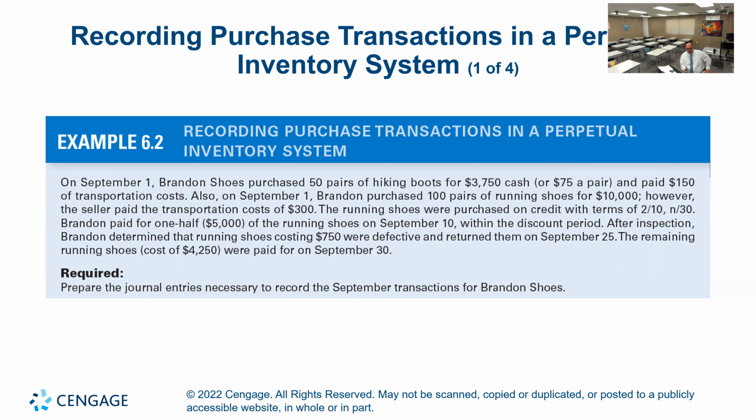The running shoes were purchased on credit with terms 2/10 net 30. Okay, so we get a 2% discount if we pay for them. So Brandon paid for 1/2 of the running shoes on September 10th within the discount. Okay. So we put paid $5,000 within discount.